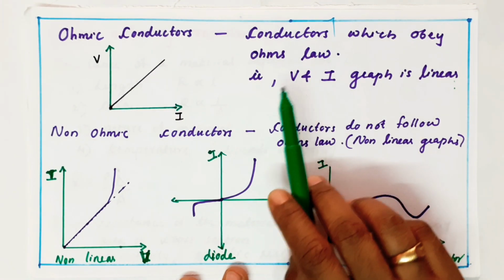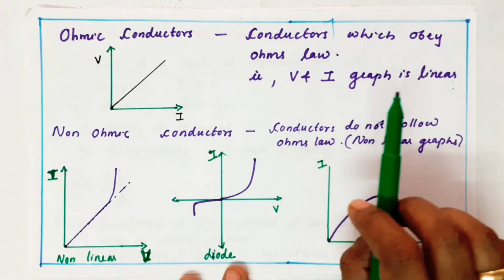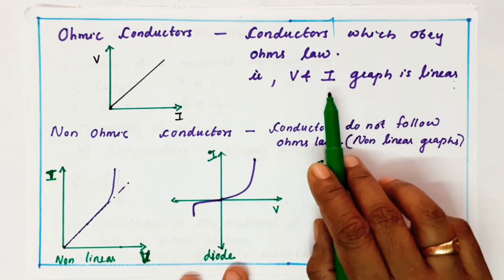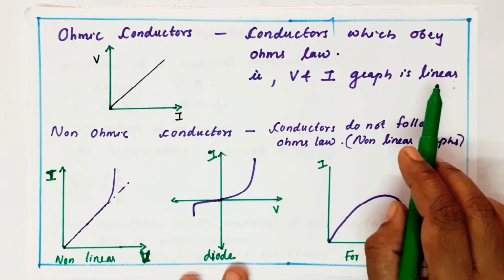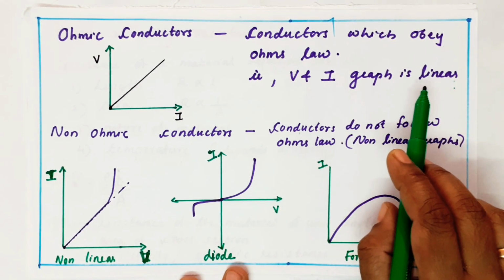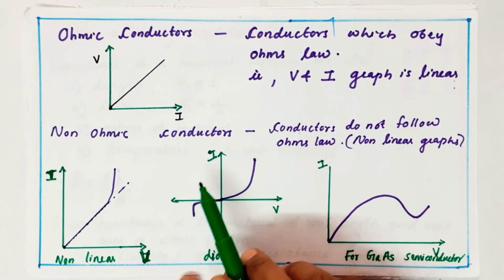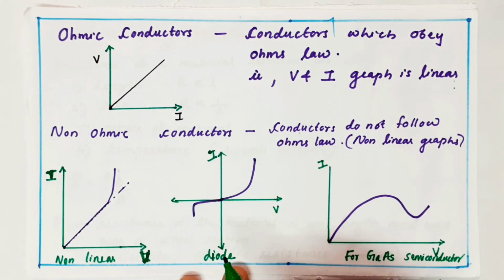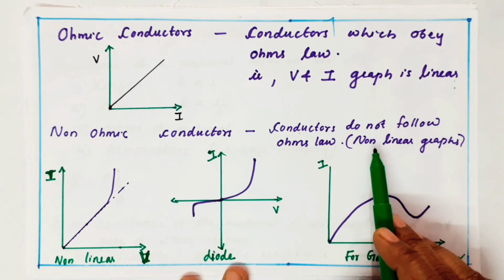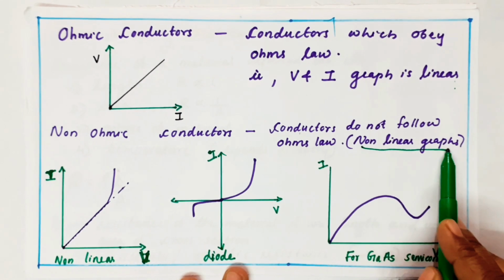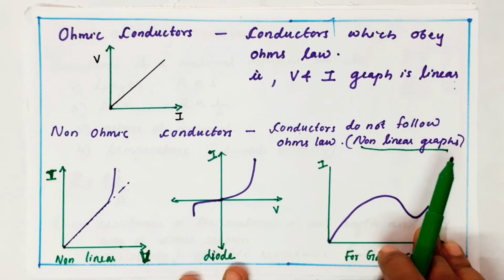Those conductors, if you take the V and I in a graph, we can see that the V and I graph is a linear graph. As V increases, I increases. But there are certain conductors which do not follow Ohm's law and they don't show a linear graph, they show a non-linear graph.